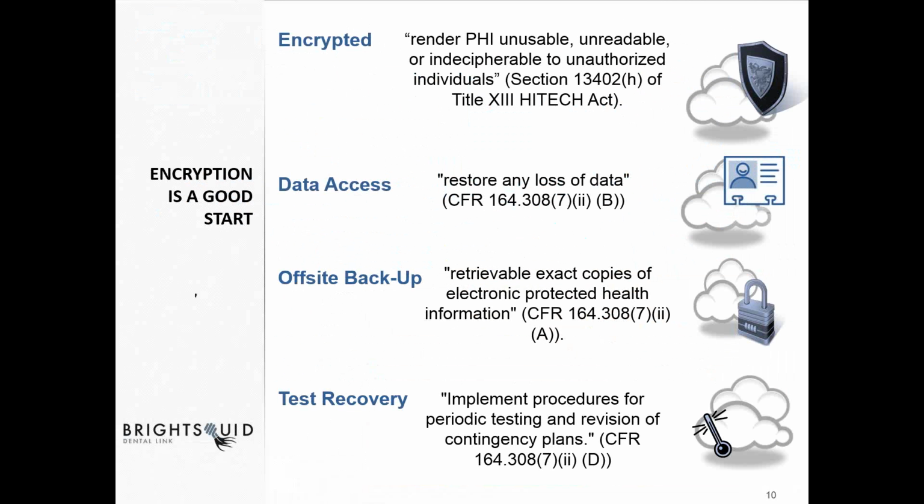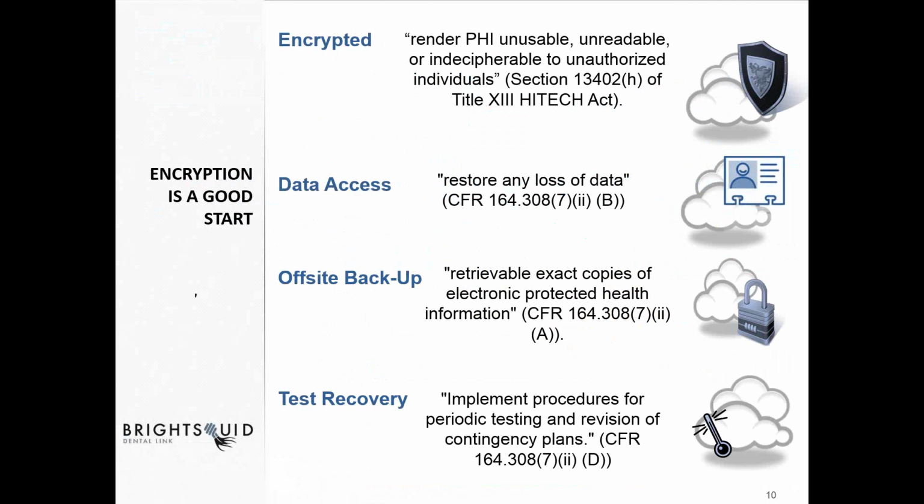As far as the rest of the requirements for HIPAA, there's hundreds of pages of good documentation that someone could go through, but frankly, not a lot of people find it fun other than me. So in very short form, people typically understand that information needs to be encrypted. And from our point of view, encryption is a good start.